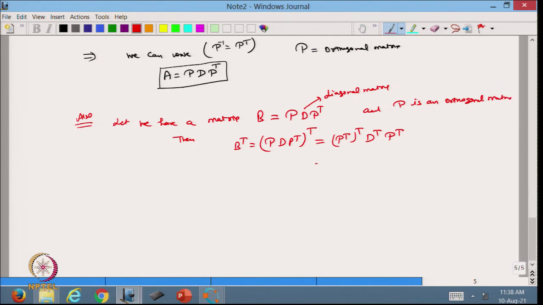So, D is a diagonal matrix, so its transpose is the same, and this will be P D P transpose, and you see from here that it is equal to B. So, which implies that B is a symmetric matrix.